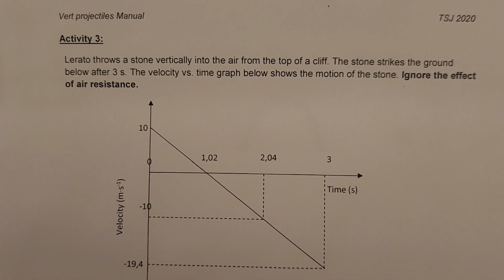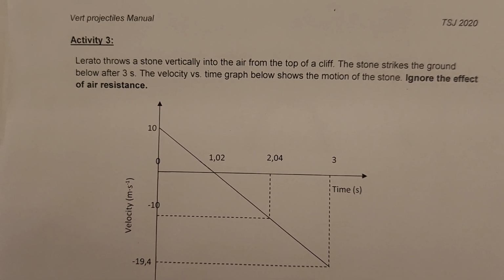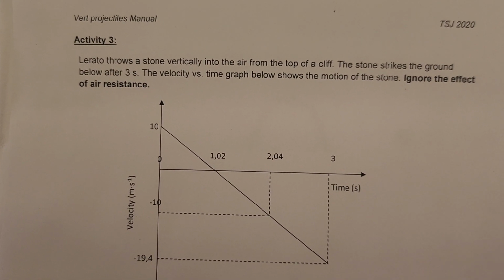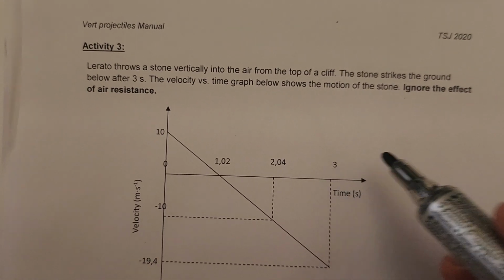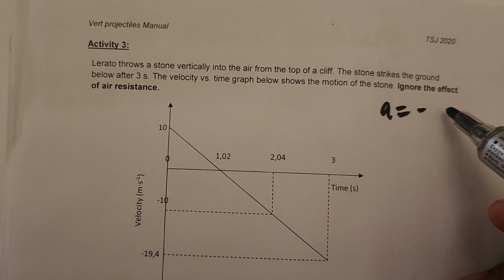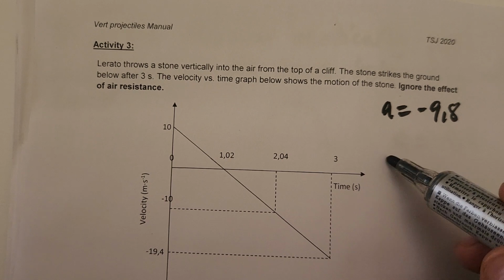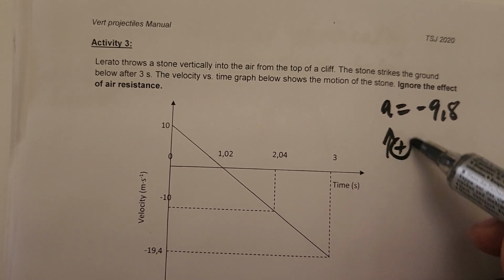If we look at this one, we can even tell that by the slope of the velocity-time graph, which is negative, and the slope represents acceleration. If acceleration is negative, therefore negative 9.8 meters per second squared, upward is positive.